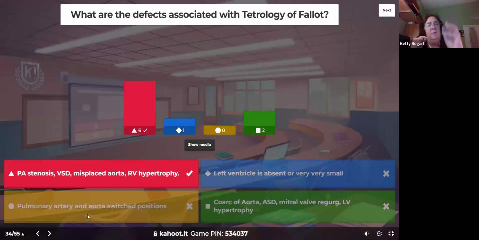And that is the pulmonary artery gets small, stenosed. There's that hole between the ventricles. Somehow that aorta gets pushed over. I know that's the confusing one. And remember, when it closes, that right ventricle stretches, which is called hypertrophy.